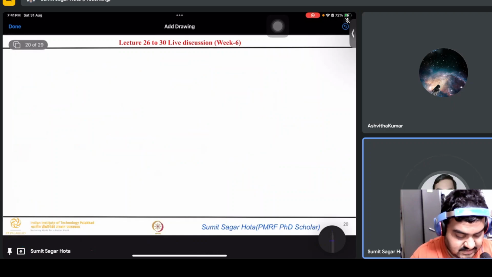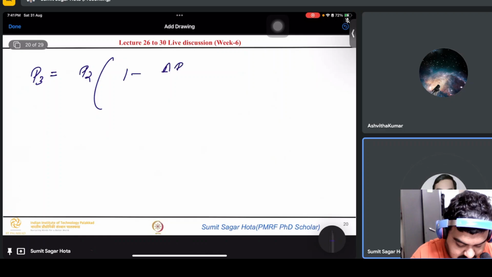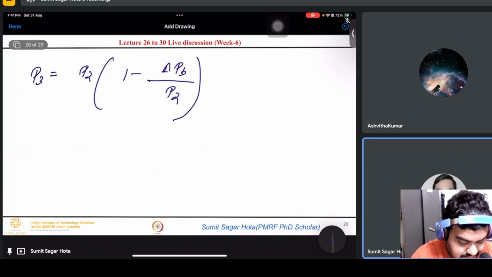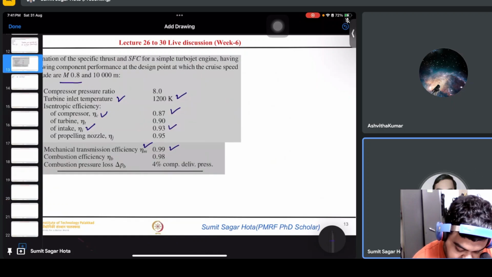So what is P3? P3 is equal to P2 into 1 minus delta PB divided by P2. This delta PB we have already. If you see, the delta PB value is given, a 4% loss is there.